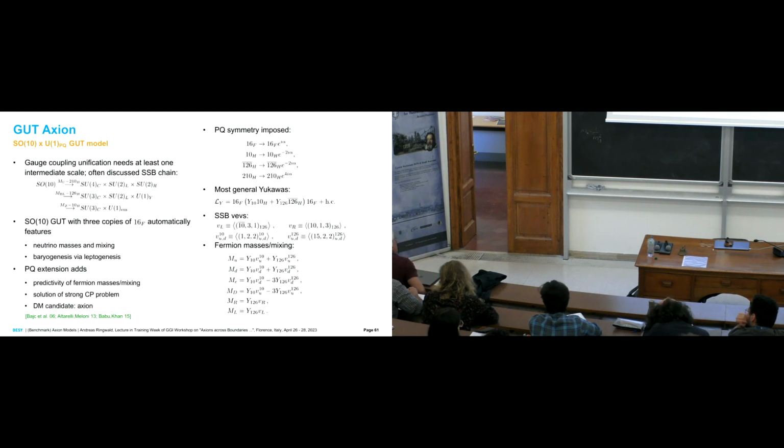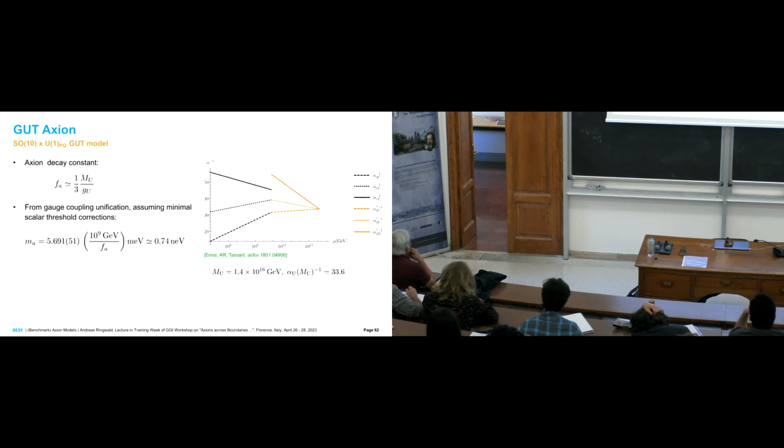It has to do with the SU(2) left. It's a type 2, yeah. It has a triplet. Okay, so you have a mixture of type 1 and type 2. Yeah, and that's why you can find the masses.